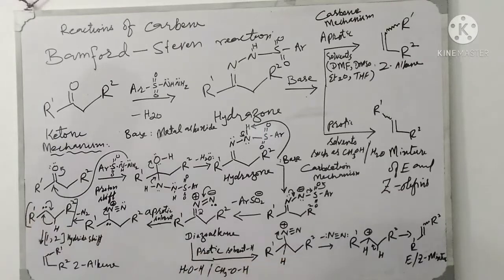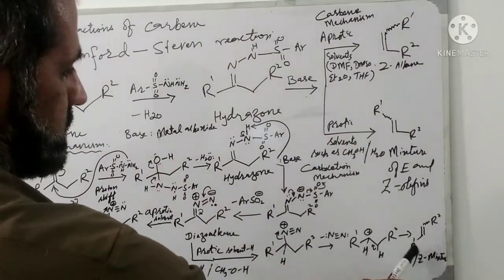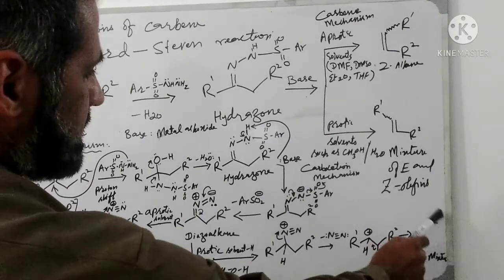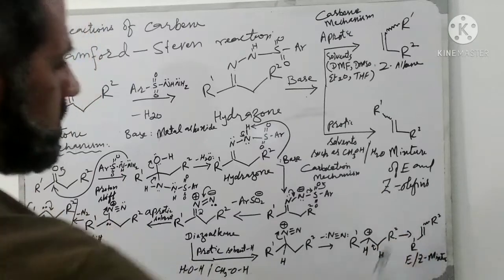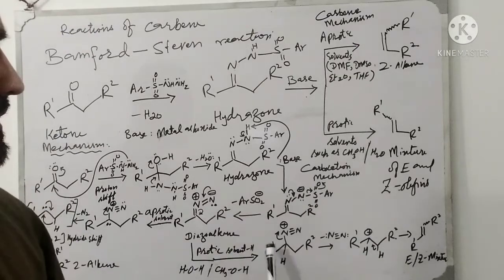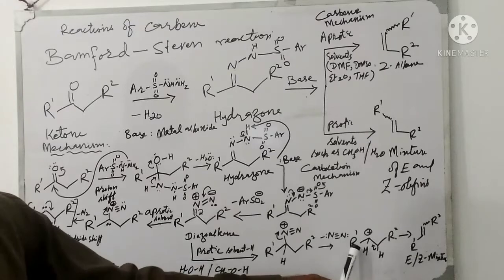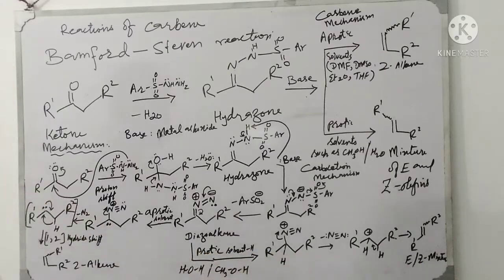When this carbocation intermediate undergoes elimination, this H is eliminated, so we make this alkene. This alkene is a mixture of the cis and trans alkene, so we get poor selectivity in this case, a mixture of the E and Z olefins.